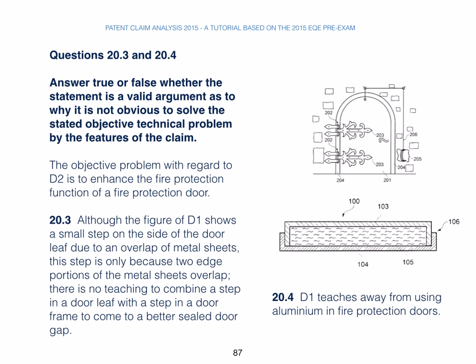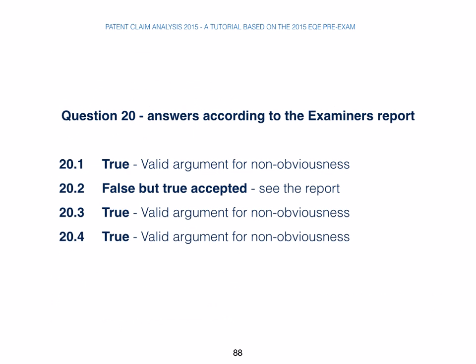So you have to work that out by going back to D1 to see what D1 says. We know that aluminium melts at 600 degrees and steel has a higher melting point. So make up your mind, and we'll turn to the examiner's answers for question 20.